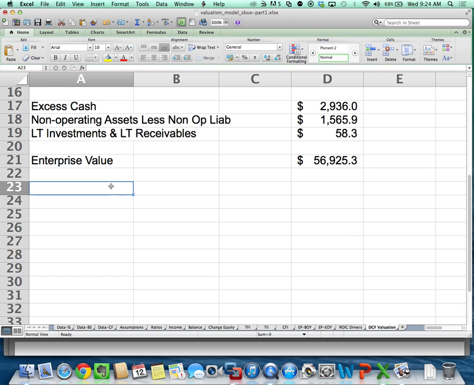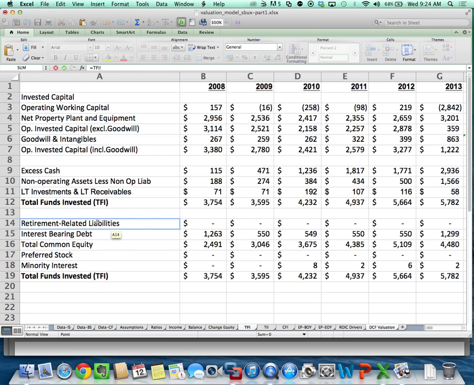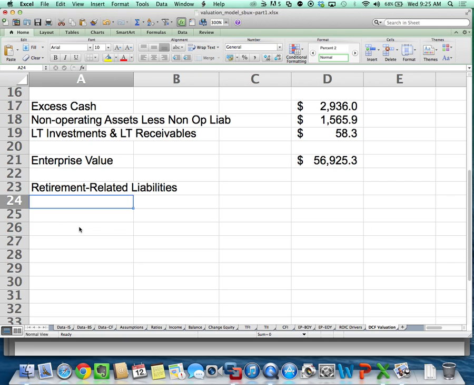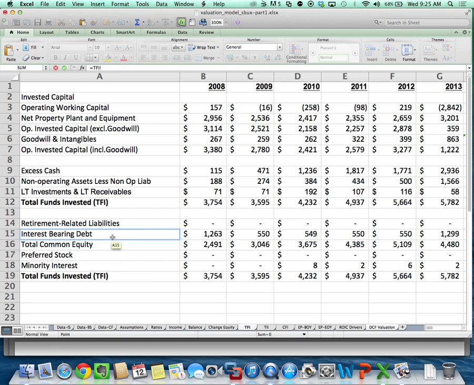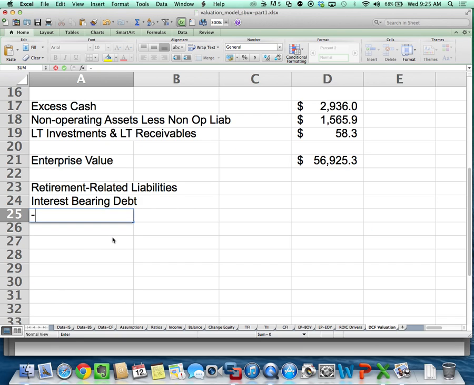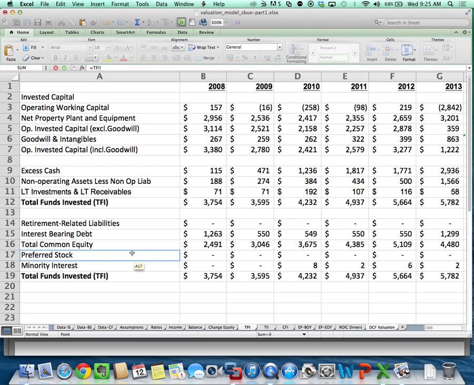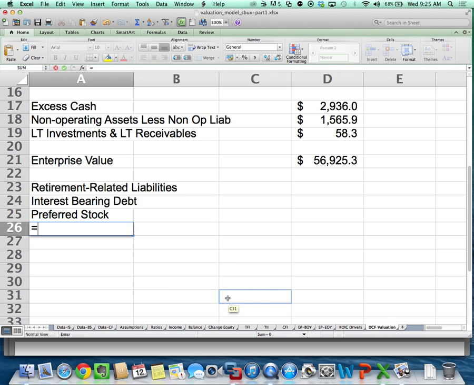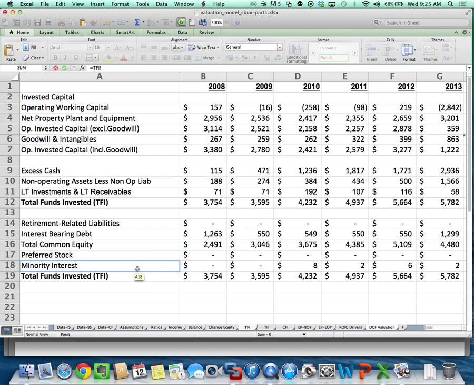Again, this is where TFI helps out, because on my TFI, I have listed all of the non-common items. I've listed retirement-related liabilities. I've listed TFI interest-bearing debt. I'm solving for common, so I don't have to redo the common. I have my preferred stock, and I have my minority interest.